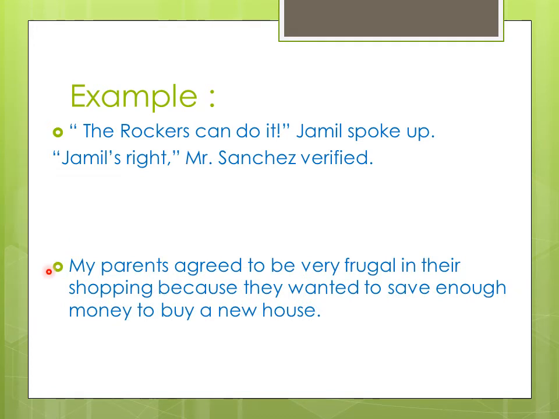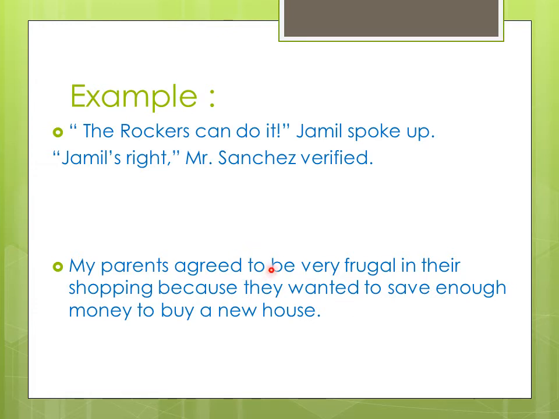My parents agreed to be frugal in their shopping because they wanted to save enough money to buy a new house. From the word group, their shopping, and because they wanted to save enough money to buy a new house, a clever reader can figure out that the meaning of the unfamiliar word, which is frugal, is economical or not paying a lot of money on unnecessary things.